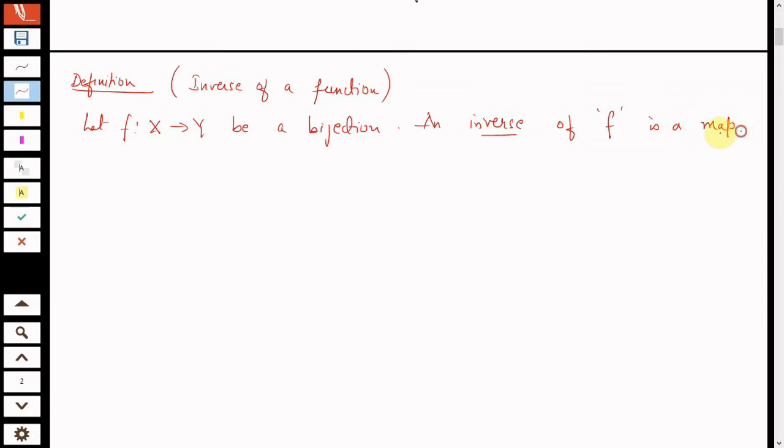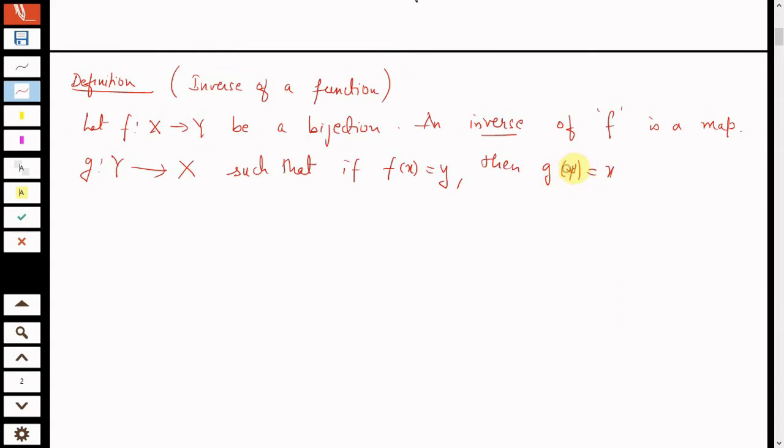It's again a function, say we call it g in this definition, whose domain is the codomain of f, that is Y, and the codomain is the domain of f, that is X, such that if f of x is equal to y, then g of y is equal to x.